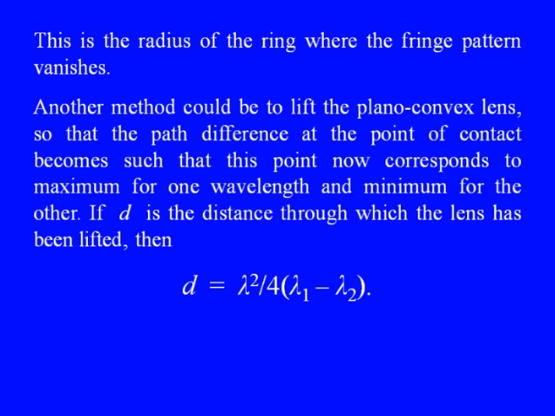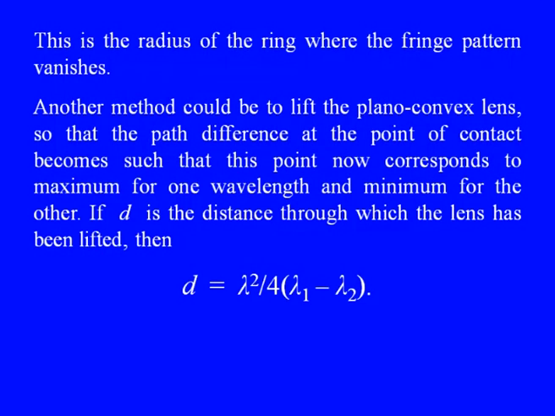The path difference at the point of contact becomes such that this point now corresponds to maximum for one wavelength and minimum for the other. So, if d is the distance through which the lens has been lifted, then this d will be equal to lambda square divided by 4 times lambda 1 minus lambda 2.